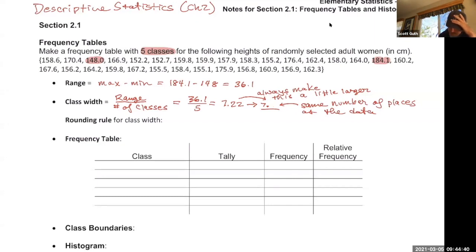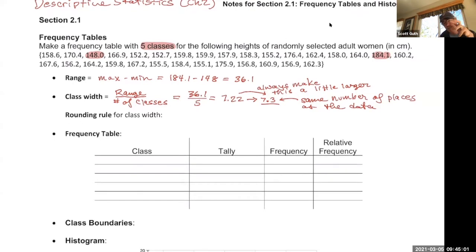So even though the natural rounding for 7.22 is 7.2, you have to make it bigger, or the classes won't add up to the whole range, and you will always end up with a value that doesn't fall into a class. So you have to make it bigger, just swell it a little bit so it covers the whole range.